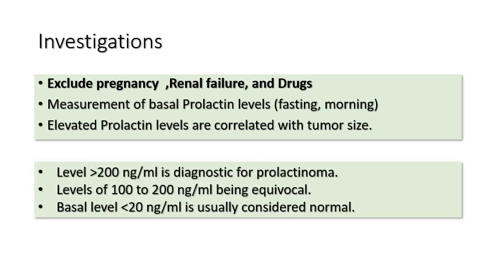So if the prolactin level is more than 200 nanogram per ml, it's actually diagnostic for the presence of prolactinoma, while a basal prolactin level less than 20 nanogram per ml is usually considered normal. Sometimes we can have an equivocal result, a level between 100 and 200 nanogram per ml, but commonly we can see patients with prolactinoma having a prolactin level between 100 and 200 nanogram per ml.